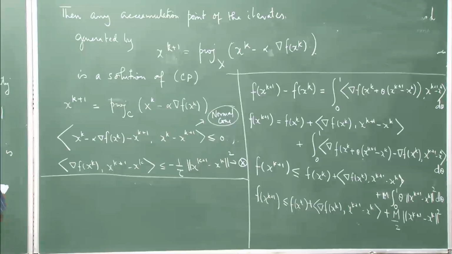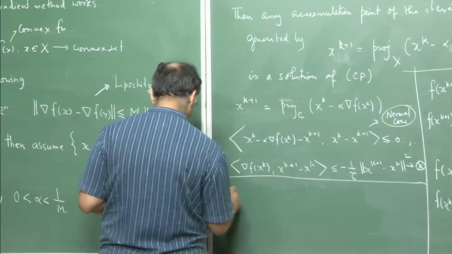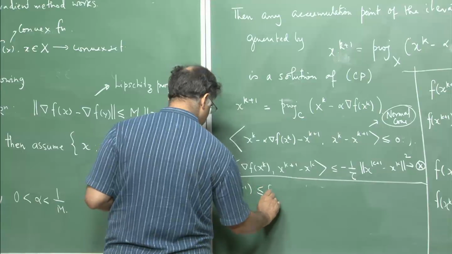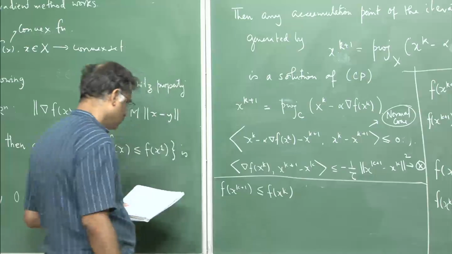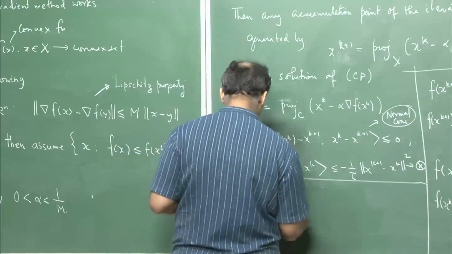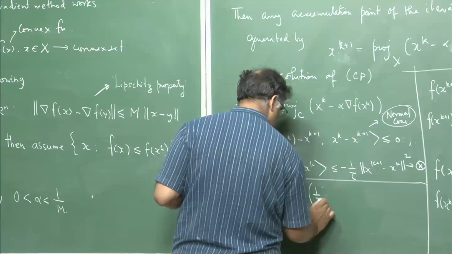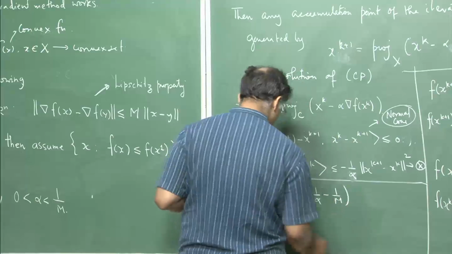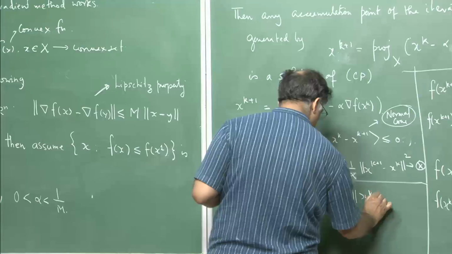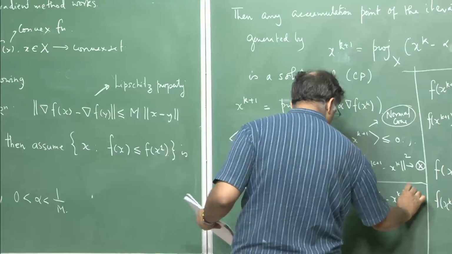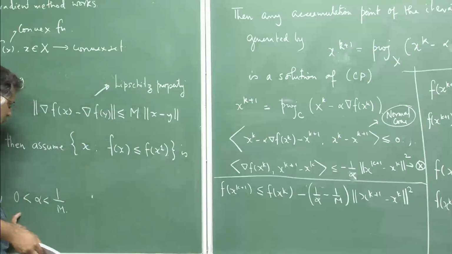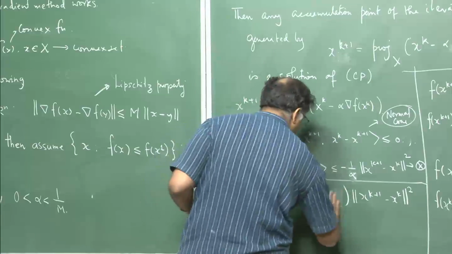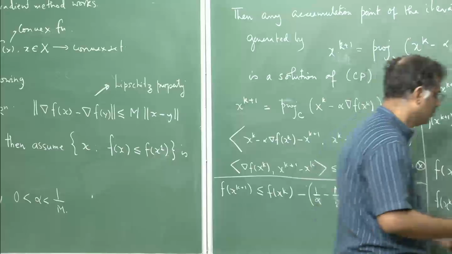So that would give you, sorry, alpha. Now, because of this condition, sorry, m by 2, what I am writing as m by 2 is here.